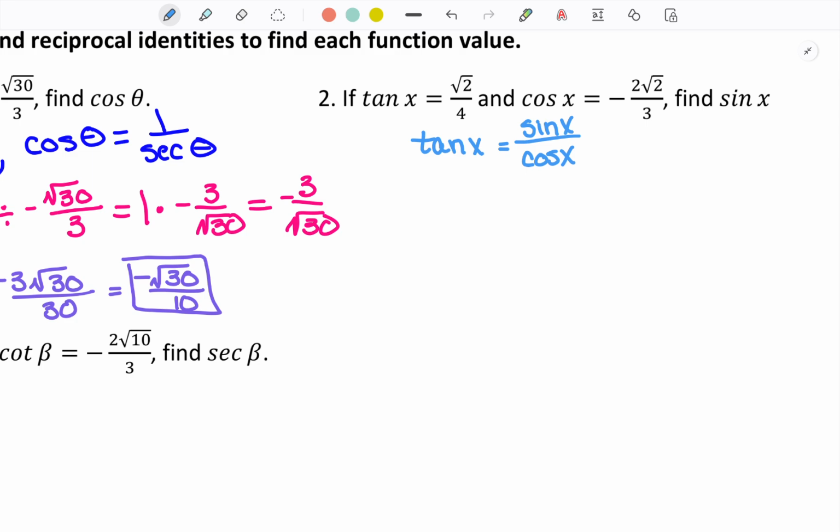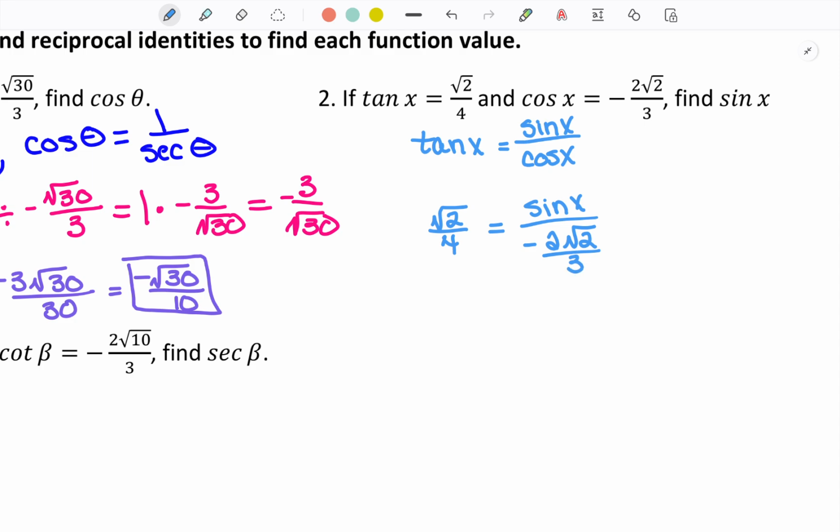So we are given that tan x is the square root of 2 over 4. So we're going to take square root of 2 over 4 and substitute there. We're looking for sine x. And then we are given that cosine is the negative 2 square roots of 2 over 3.